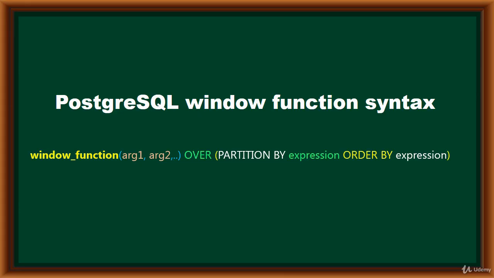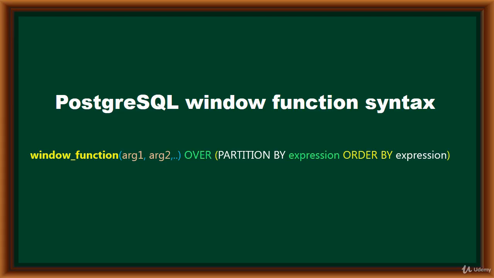Next here we have the order by. This order by clause basically is used to sort the rows within a partition. So what happens? The window function will process the rows in the order specified by the order by clause, especially for the window functions that are sensitive to the order.